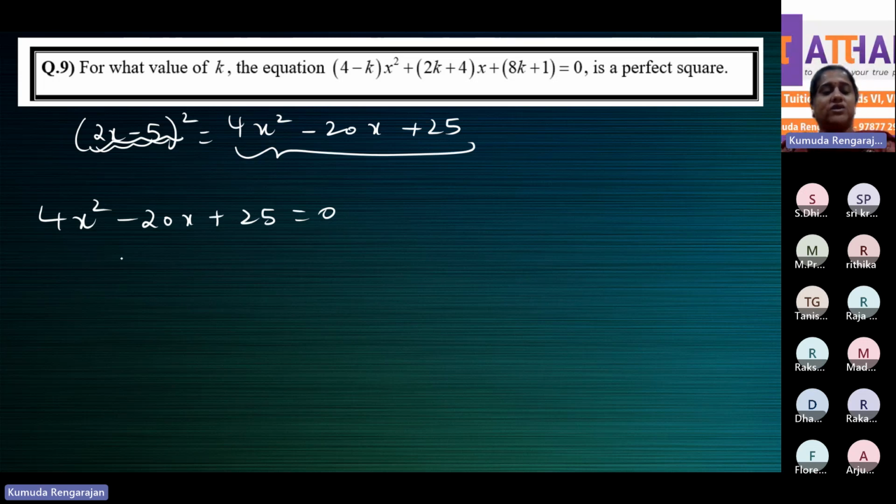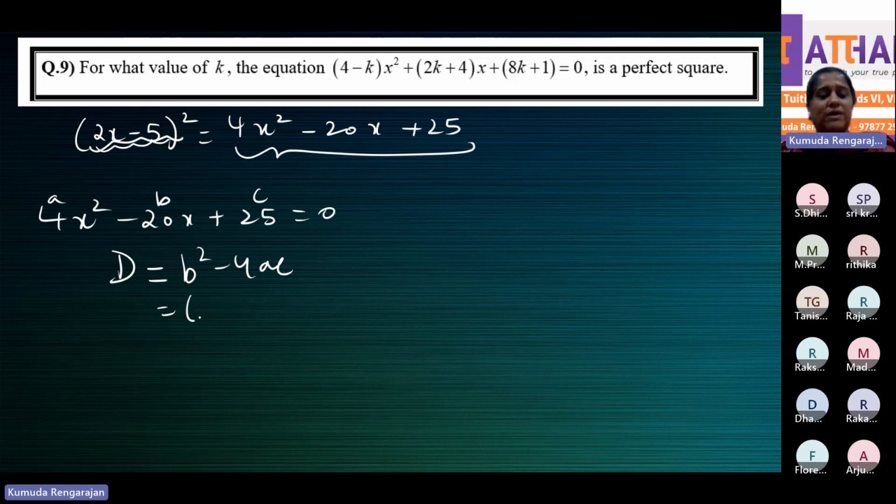Now let's find d, children, for this. I'm not answering this question now. We're trying to understand what the value of d would be for a quadratic equation which is a perfect square. What is d? b square minus 4ac. This is a, this is b, this is c.